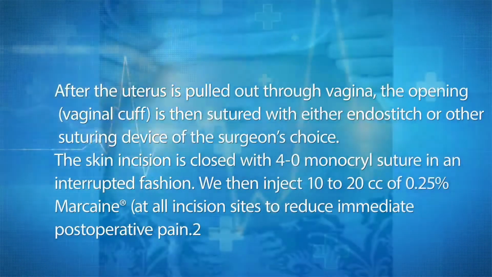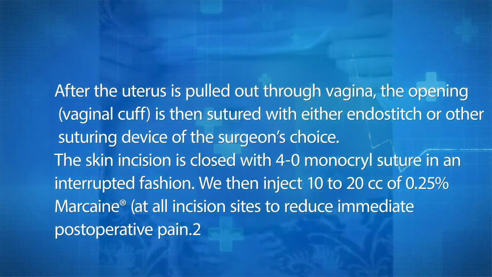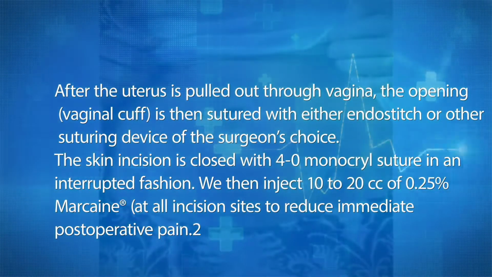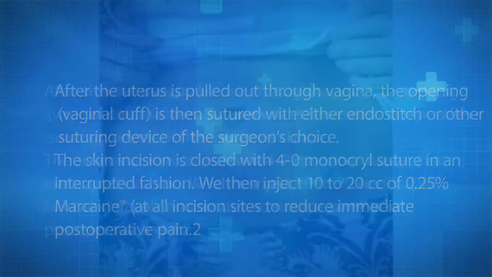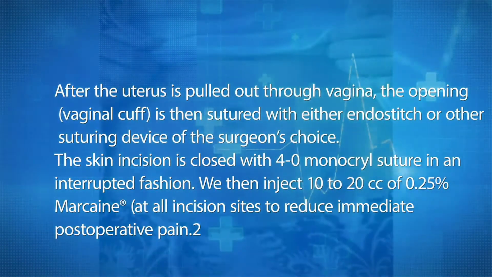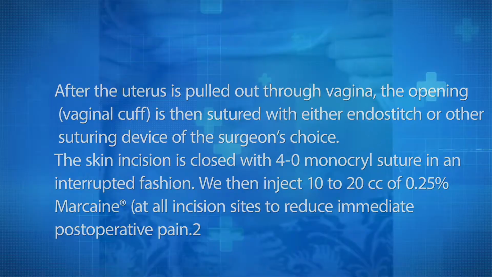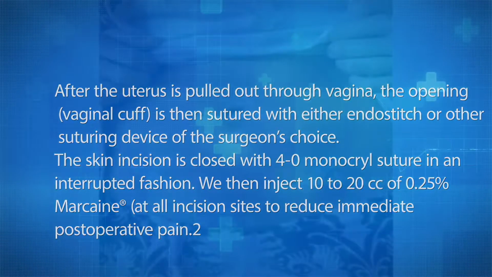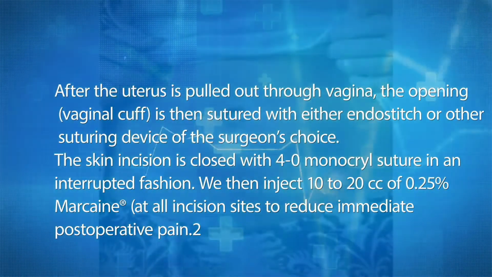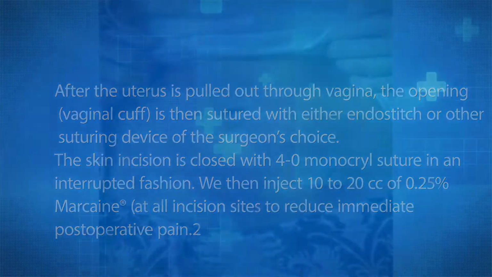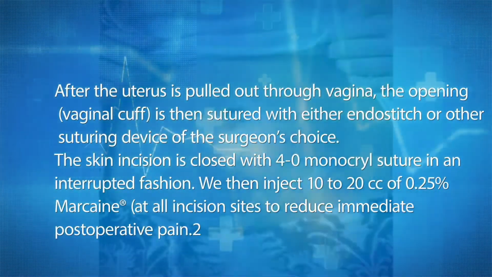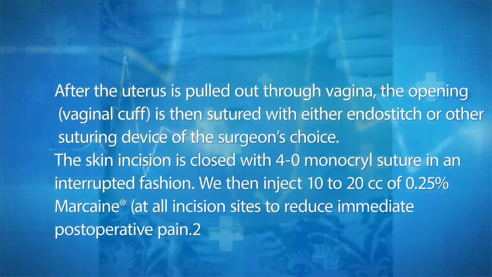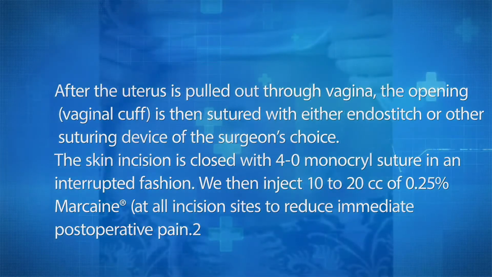After the uterus is pulled out through the vagina, the opening or the vaginal cuff is then sutured with either an endostitch or other suturing device of the surgeon's choice. The skin incision is closed with a 4-0 Monocryl suture in an interrupted fashion. We then inject 10 to 20 cc of 0.25% Marcaine at all incision sites to reduce immediate postoperative pain.